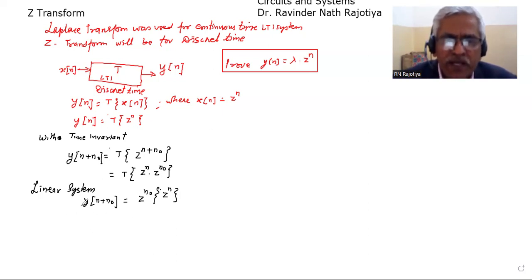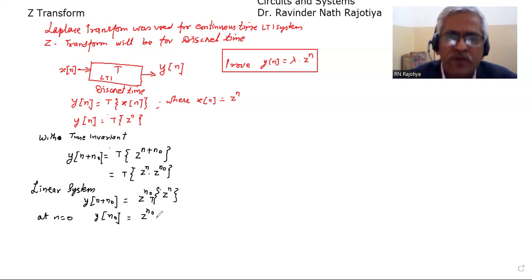Now, at n equal to 0, this n will be 0. So you'll be left with only y of n0 equal to z power of 0 times the response.